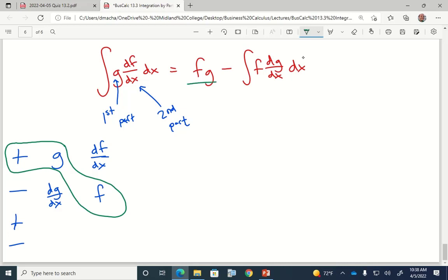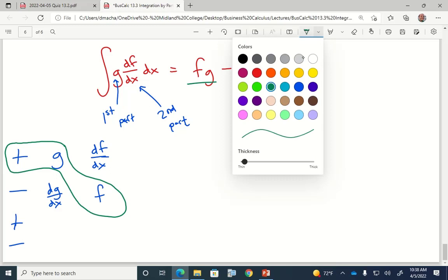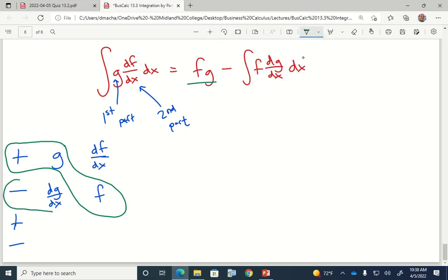And then I told you that if you want to, you could terminate the whole thing just by writing a horizontal section, but then you would have to take the antiderivative if you want to end with a horizontal. So that's like writing minus the antiderivative of f times dg/dx with respect to x, which is like that term right here.